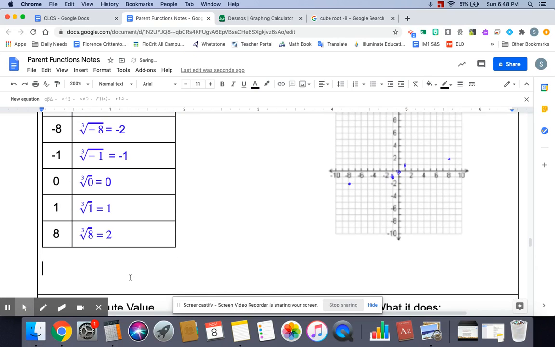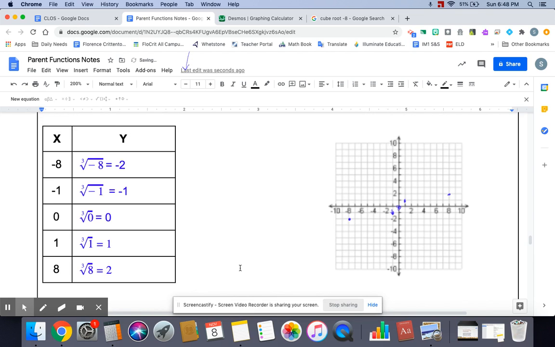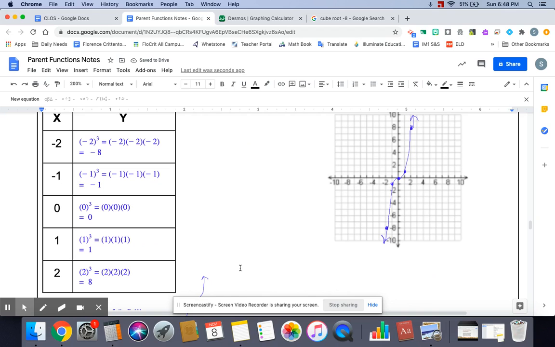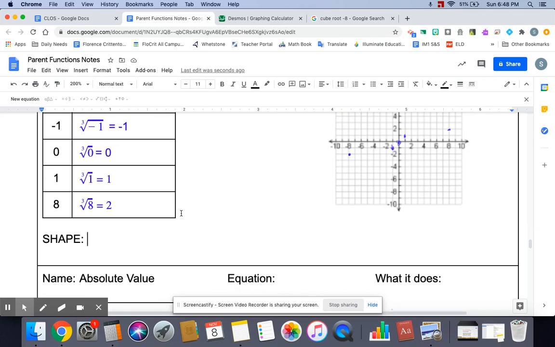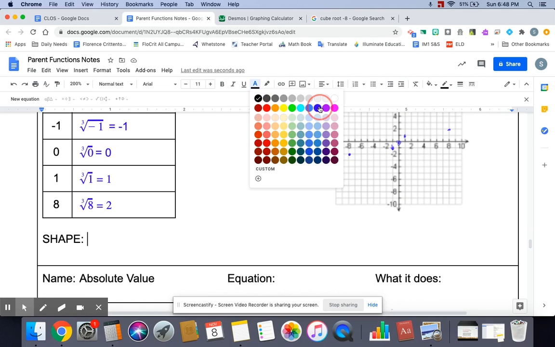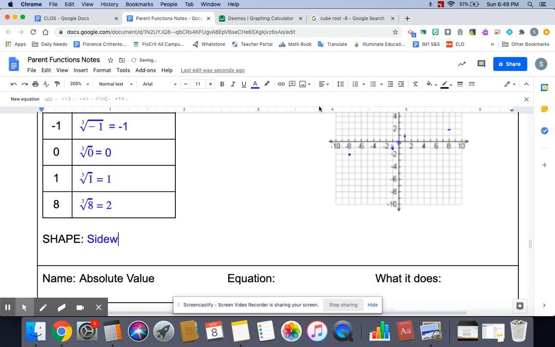So because this graph is the inverse of the cubic, it means it takes it and it turns it sideways. So I would call this shape a sideways sort of S. So when I start at the middle and go up, instead of shooting straight up like this, for this one, I go to the side up.